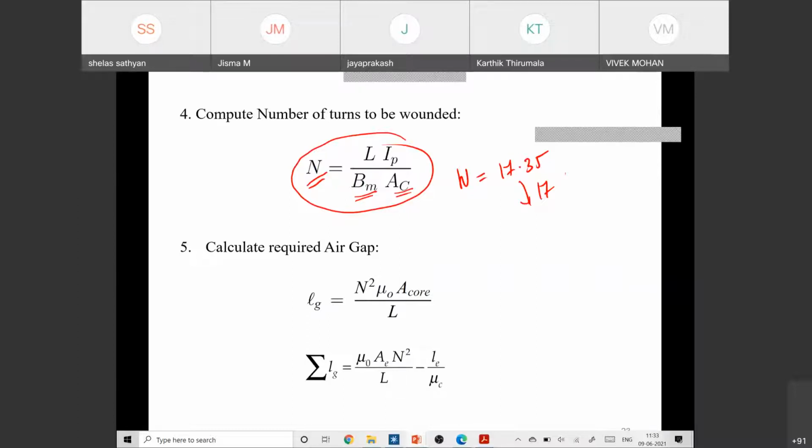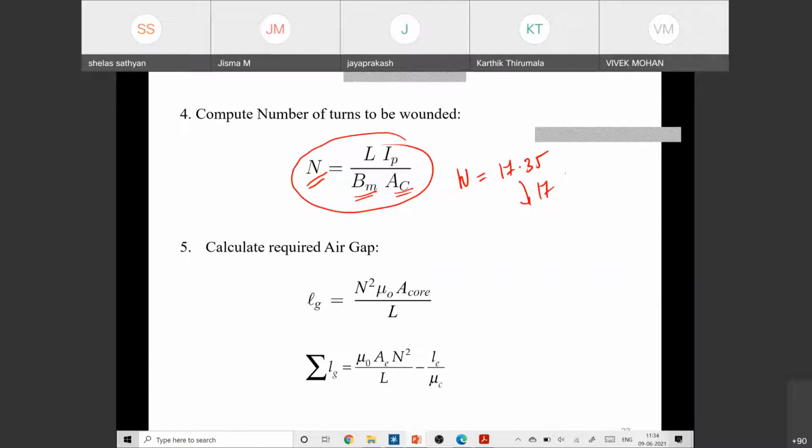So once we select the number of turns, what have we done? We already know the value of inductance to be measured. We know the current flowing through the inductor, peak and RMS value, and we know which material to choose. Usually the ferrite core is widely available, so we will be using a ferrite core.